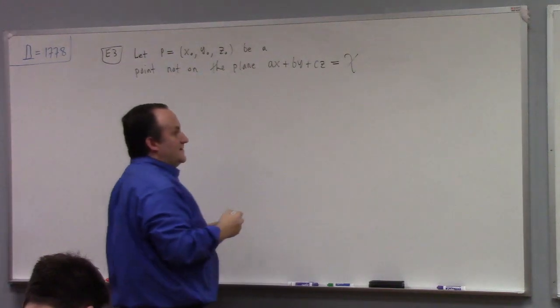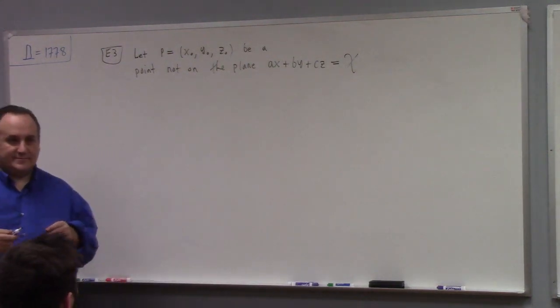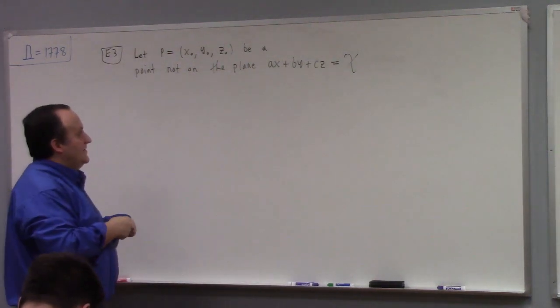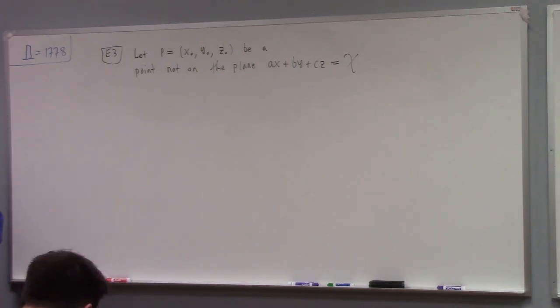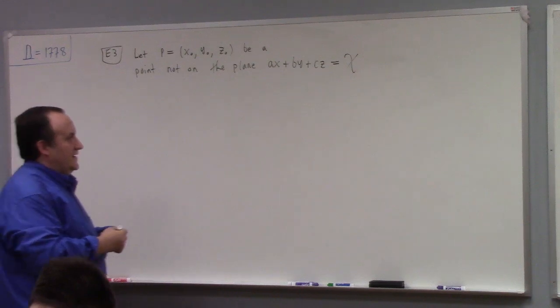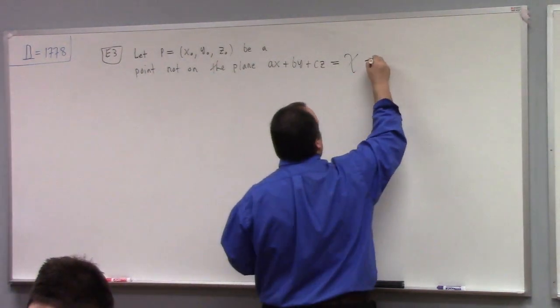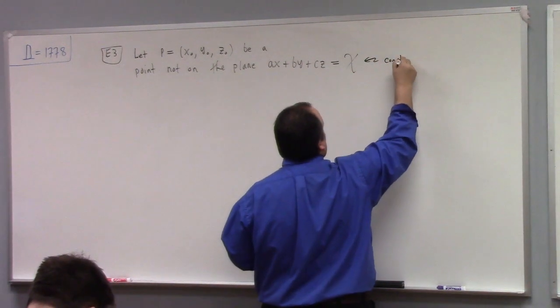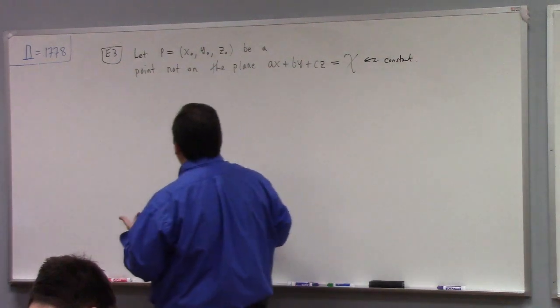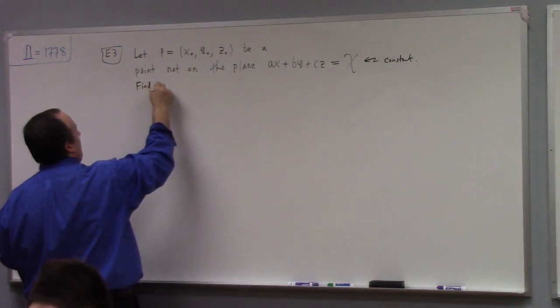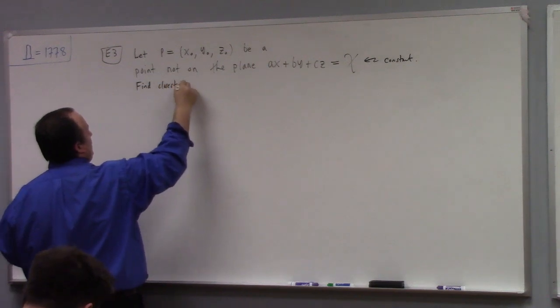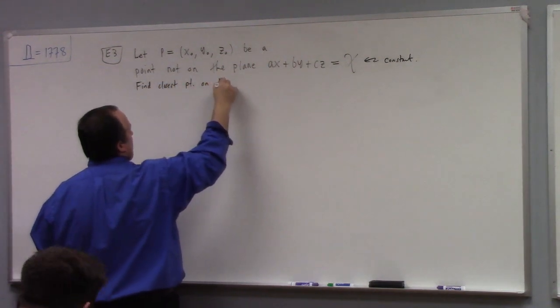There, we haven't used aleph yet. That's a constant. You didn't expect that, did you? So this is just a constant. Then the question is, find the closest point on the plane.